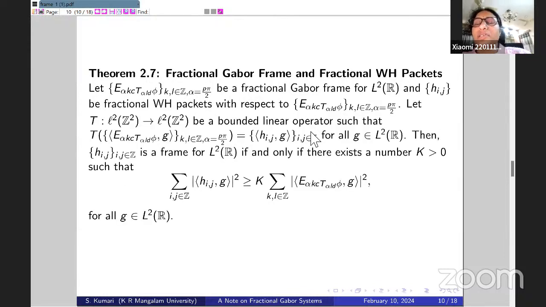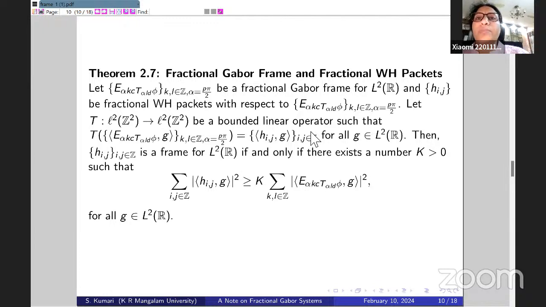In the next theorem, on fractional Gabor frames and fractional WH packets, let E_{αKc} T_{αLd} φ, where K, L are integers and α is pπ/2, be a fractional Gabor frame for L2(R), and H_ij be fractional WH packets with respect to the system.